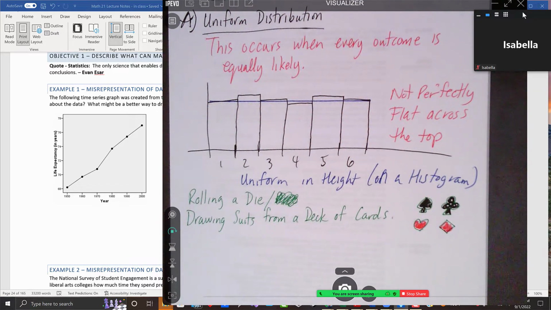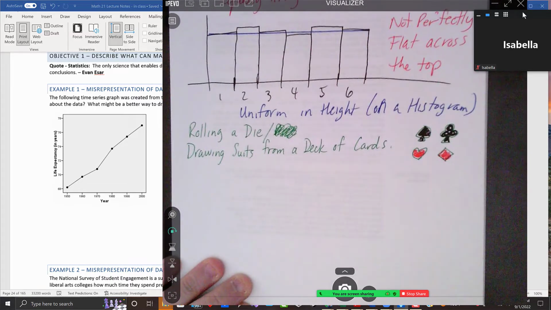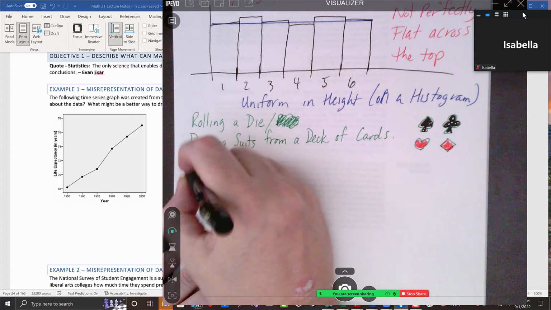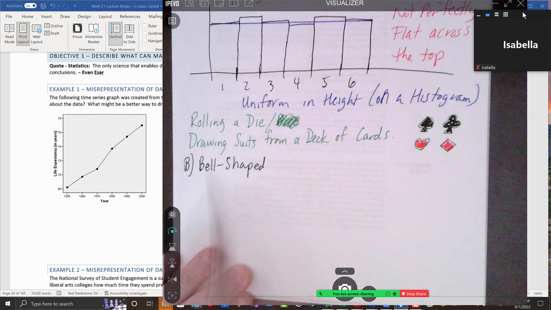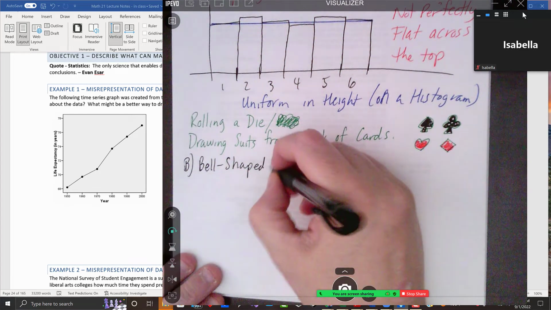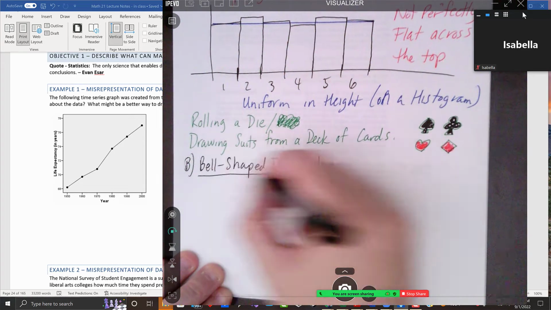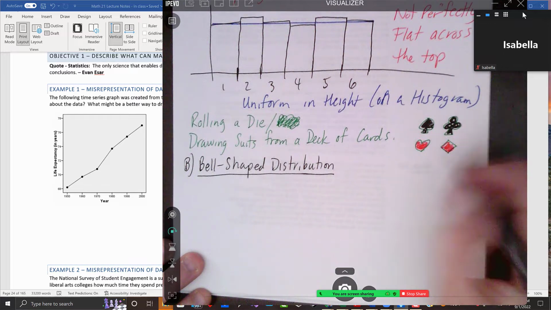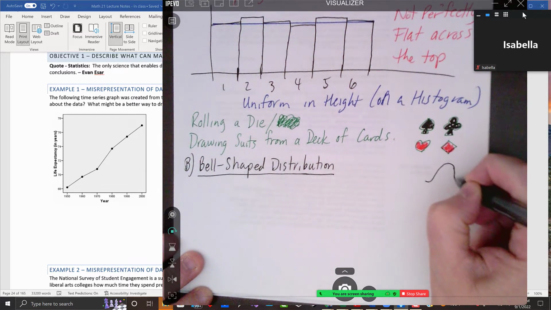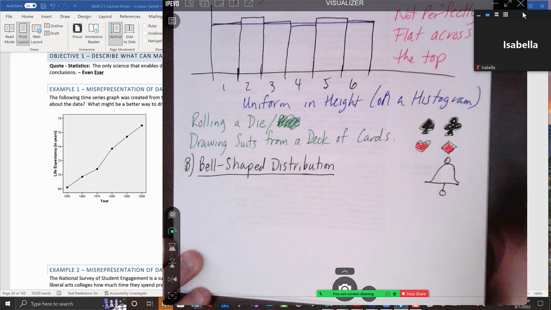The next one that we're going to take a look at is called the bell-shaped distribution. So what's a bell look like? You know, like a bell, you ring the bell.